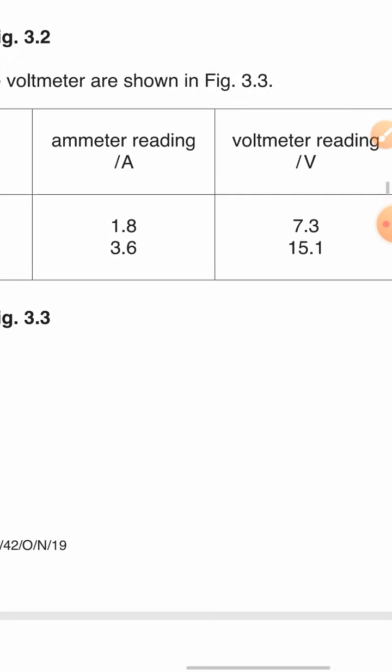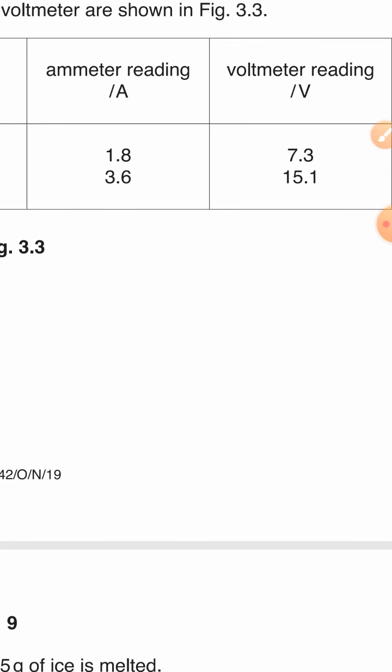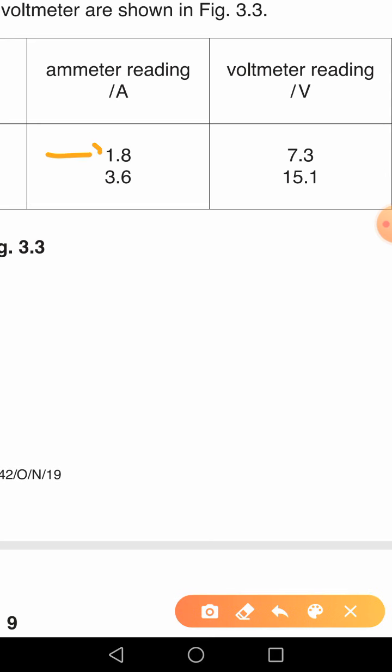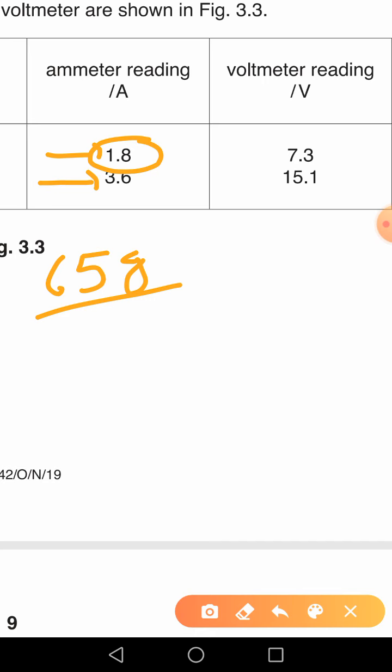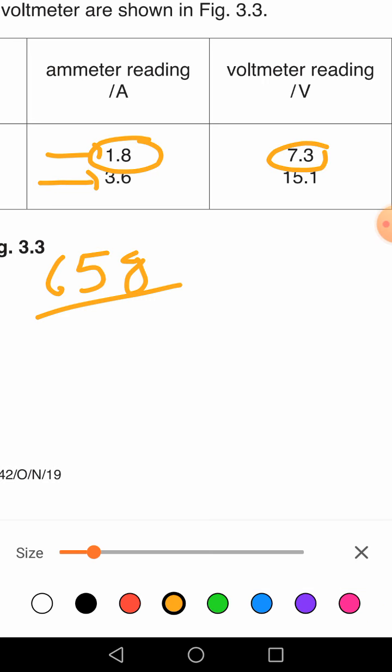This is the first case, this is the second case. In the first 10 minutes, 65 gram of water has been melted, with 1.8 and 7.3.